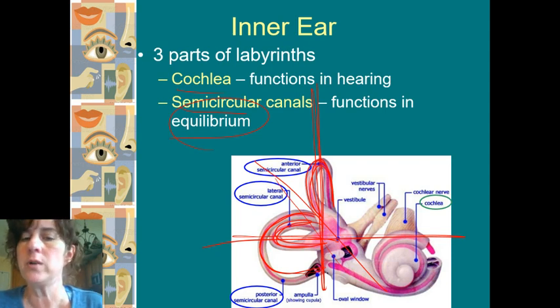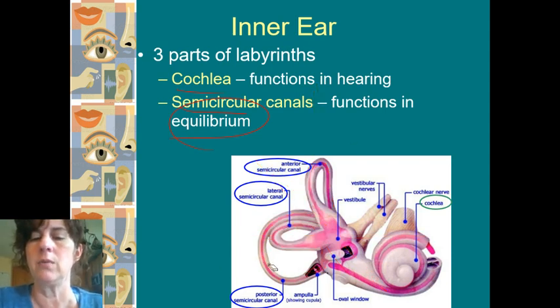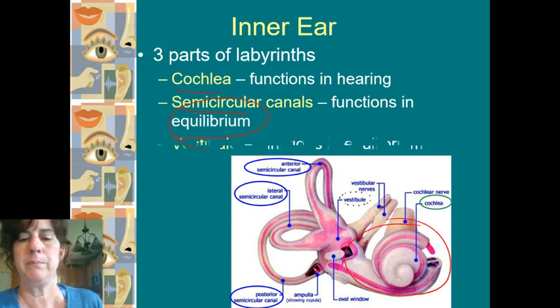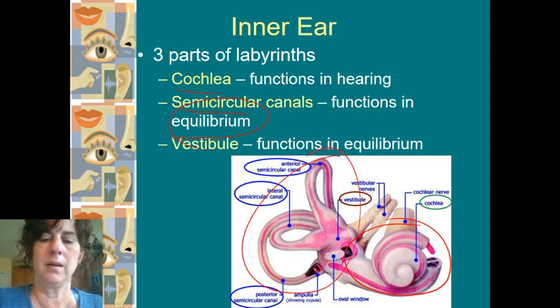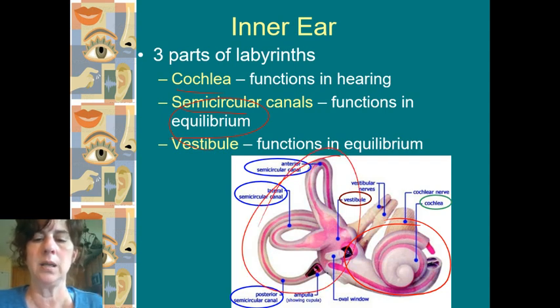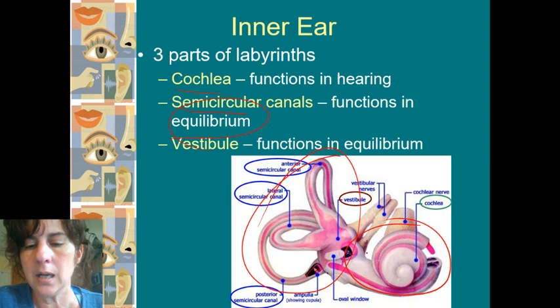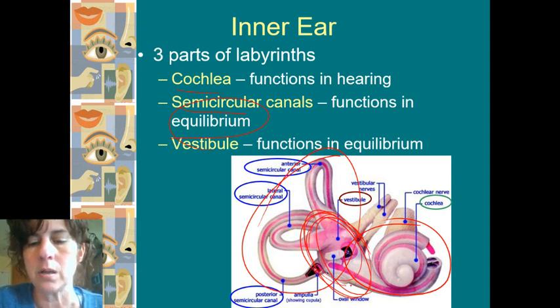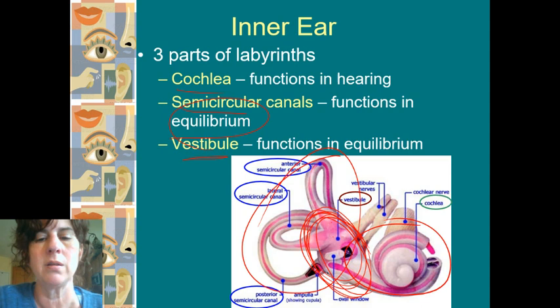So two really big functions of the ear here. We have hearing with the cochlea right here, and equilibrium with the semicircular canals. And then in between the two, we have this right here. I have these canals connected to the center portion, and the cochlea connected to the center portion. That's called the vestibule.